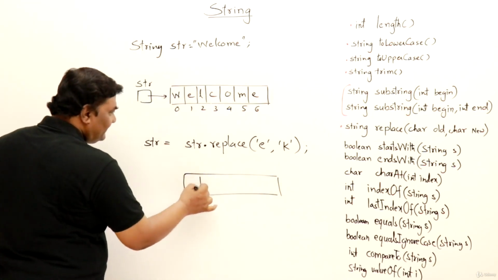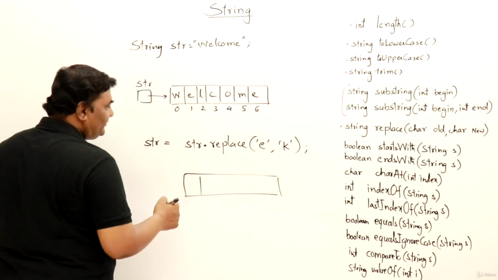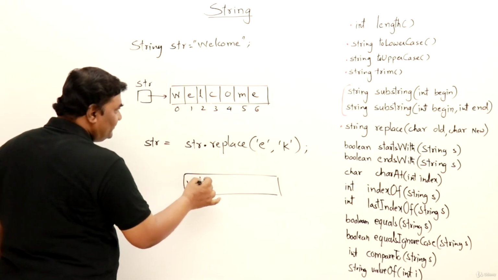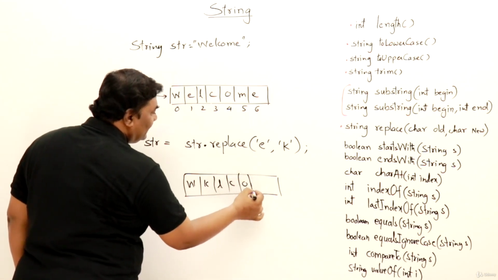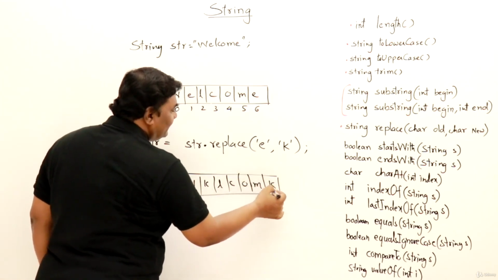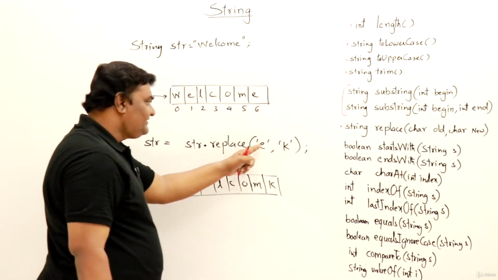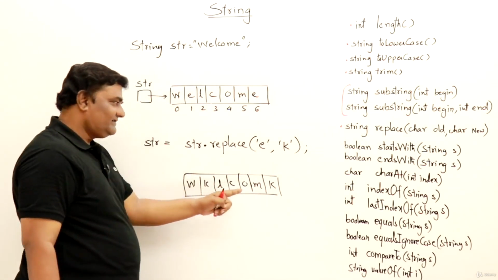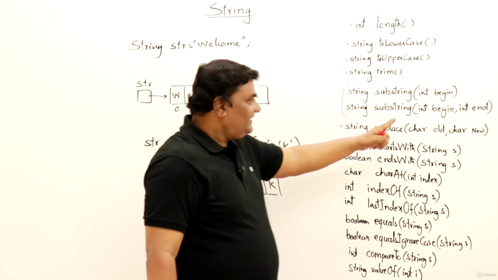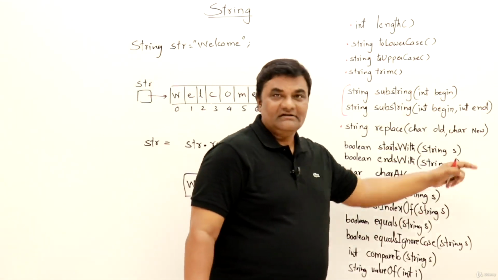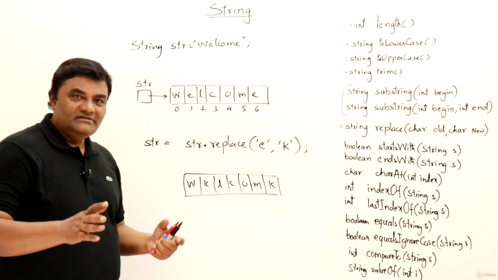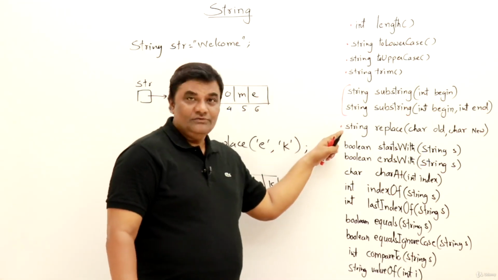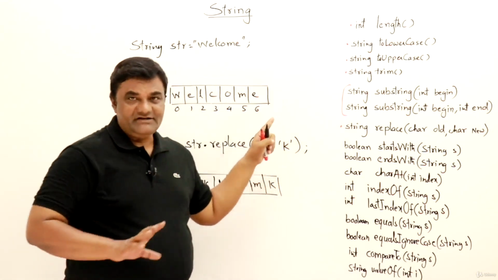Every letter E will be modified to K, so it will be W, K, L, C, O, and then M and K. All E's will be replaced with K's, old letter with new letter. So you can replace the letters in a string. Again, after replacement, it gives a new string. It will not modify the same string.